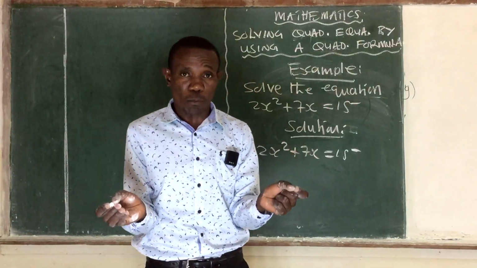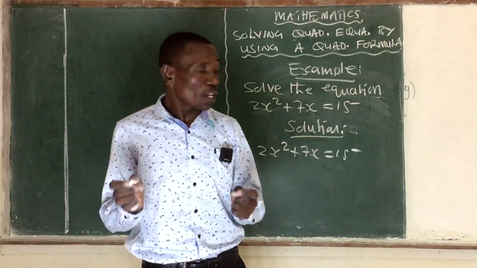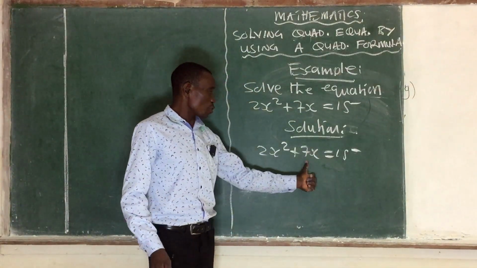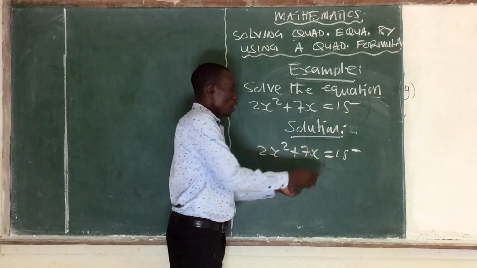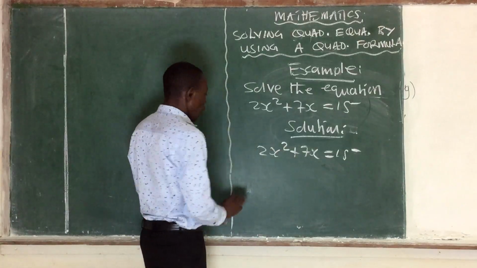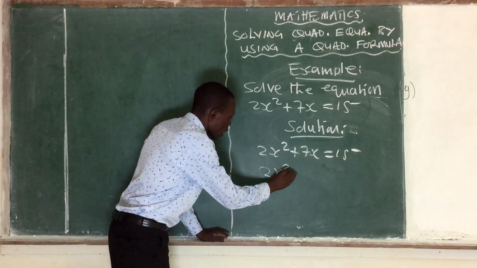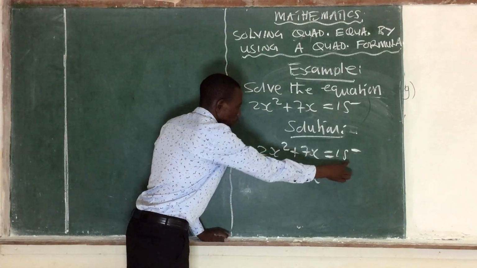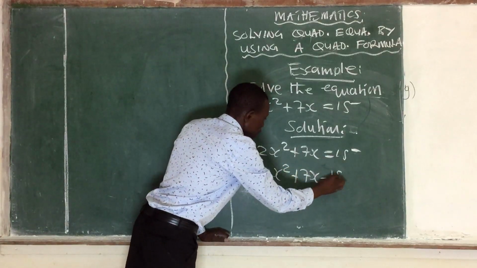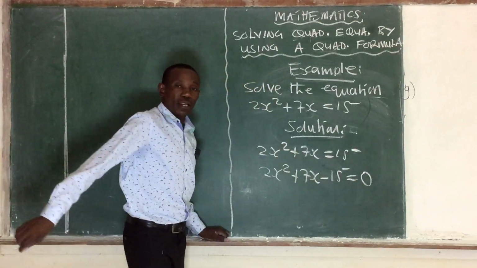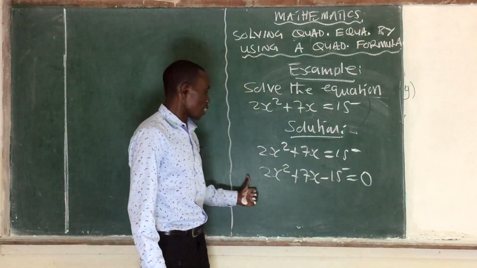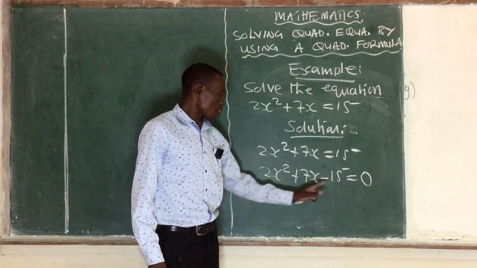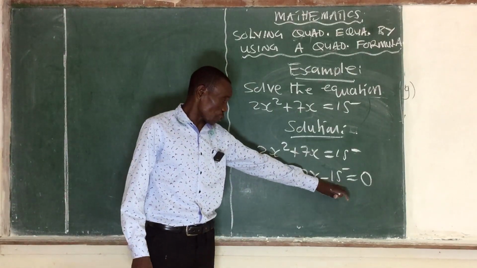This one is equated to 15, so I'm going to transfer the 15 to the left-hand side. I'll have 2x squared plus 7x minus 15 is equal to 0. This is the real form of a quadratic equation.